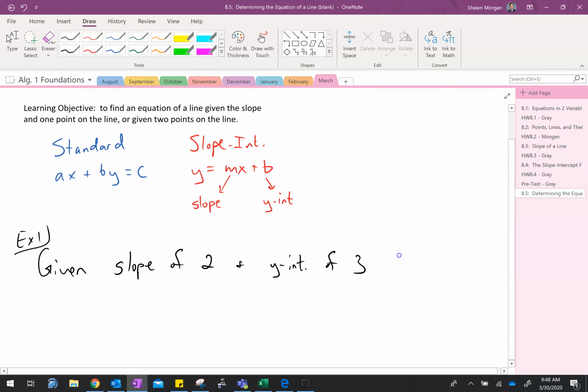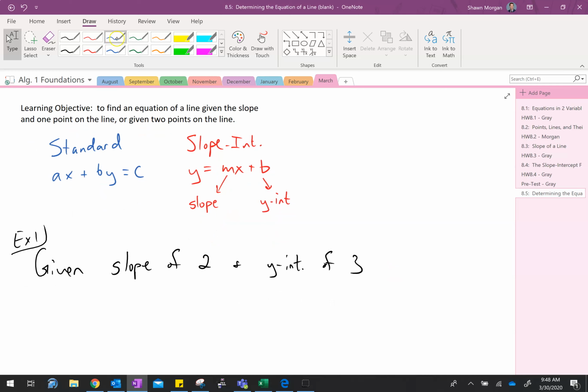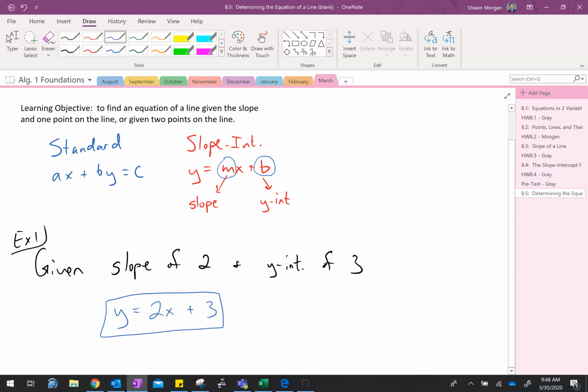Should be pretty straightforward. We're just going to plug in for both of those values in that slope-intercept form. We plug in for the m value our slope of 2, and for the b value our y-intercept of 3. So our equation will be y equals 2x plus 3. And that's all you have to do.